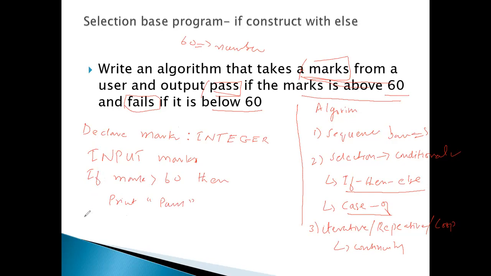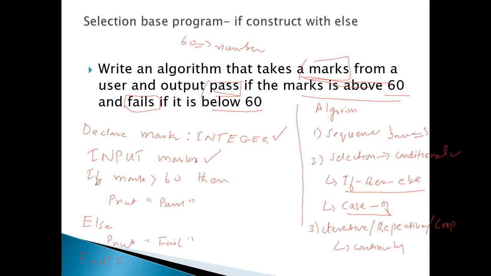If this condition is false, then it will run another statement. Else, print in double quotation fail. Let me close. Here you will write end if. Okay, you got the idea? Now see, the first line we have written to declare the variable. Second line for input, giving input to the system.